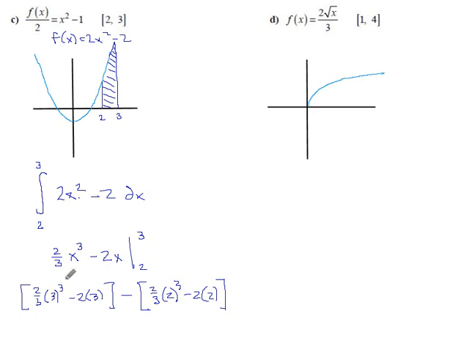All right, 3 cubed is 27. 2/3 of that is 18. Minus 2 times 3 is 6. Minus 2 cubed is 8. 8 times 2/3 is 16/3. Feel a common denominator coming on here. Minus 2 times 2 is 4.